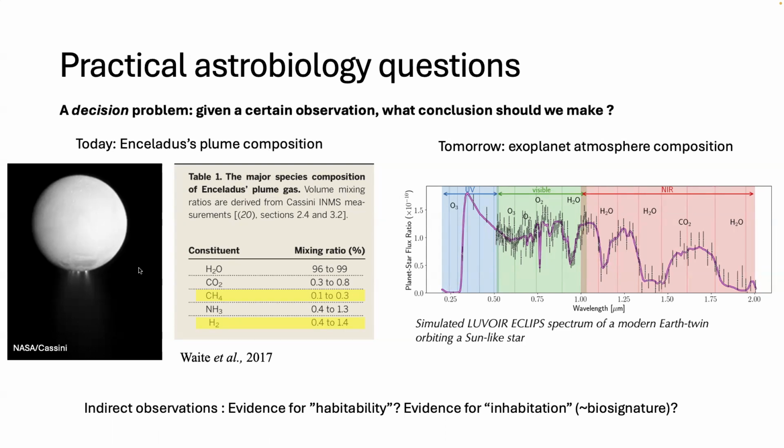So I'll start with this example on the left, which is Enceladus, a practical case that we already have today, where we already have to make scientific decisions as to what to do with an observation, and we may have more decisions to make in the future as more detailed and abundant observation of exoplanets might come.